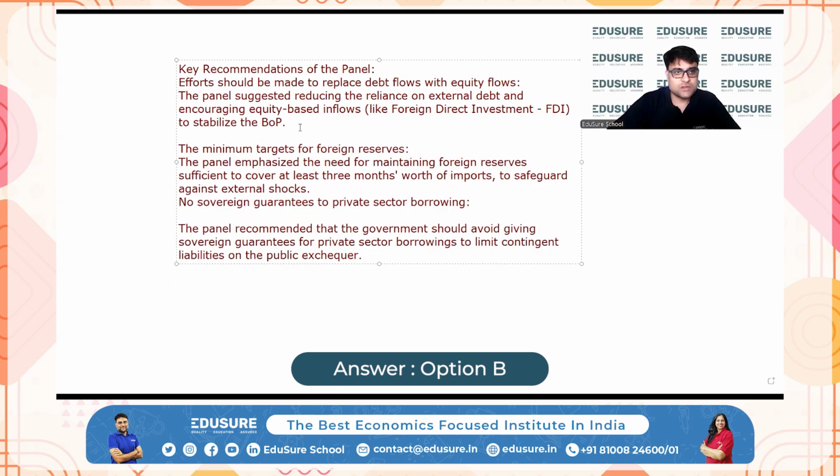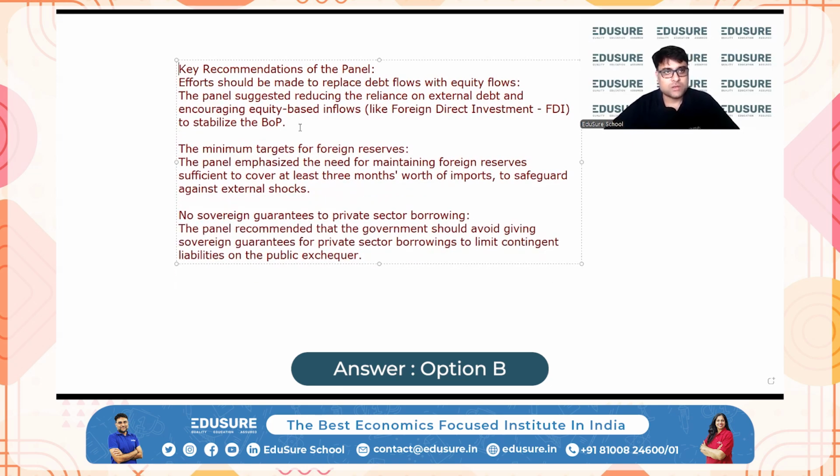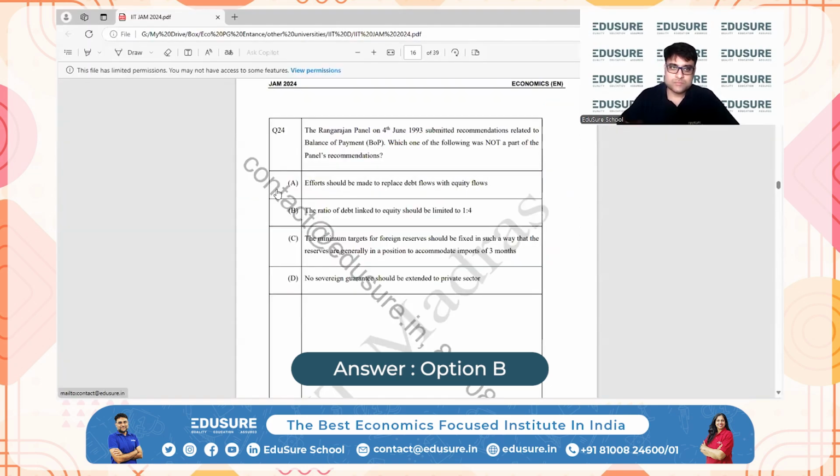This is the second one. And this is the third one. Okay. So here, if you take a look at the options, option B is the correct answer. This is not a recommendation of the Rangarajan panel.